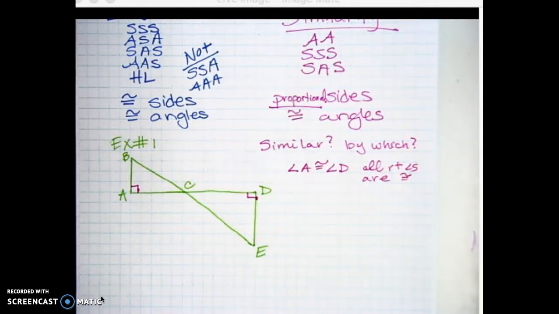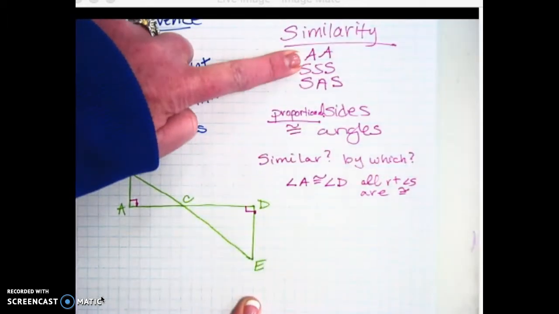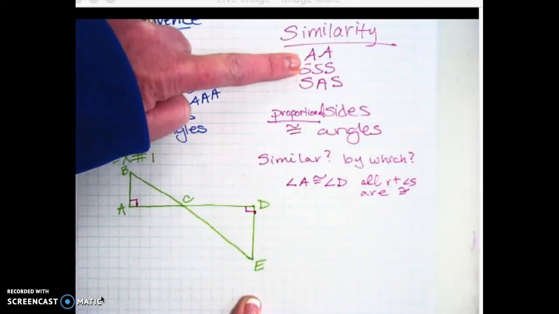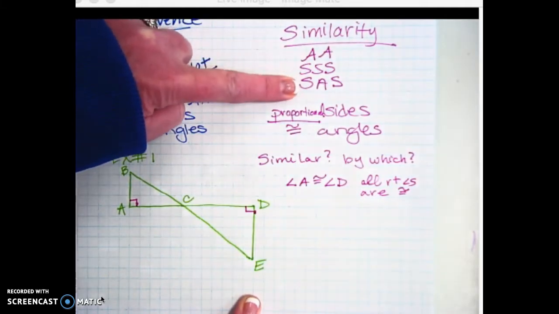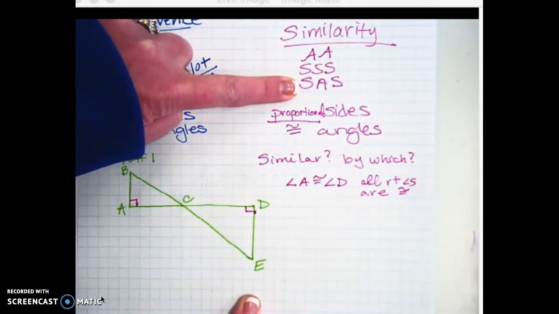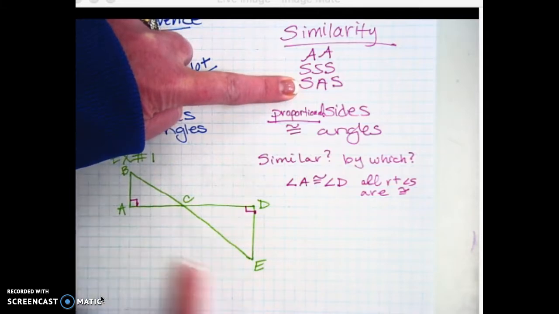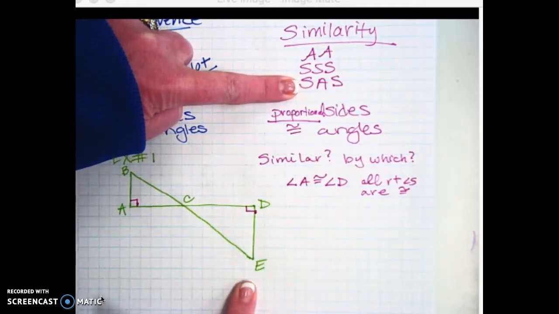They're both 90 degrees. So we should aim for either the first one or the third one. Do we know any of the measurements of the sides? No. They didn't tell us any information.